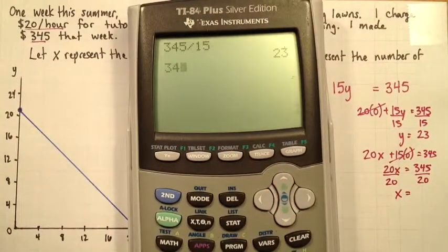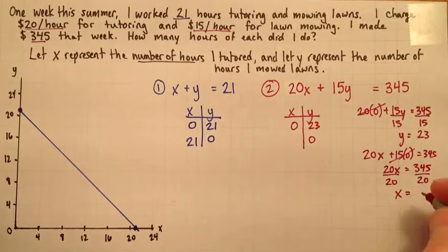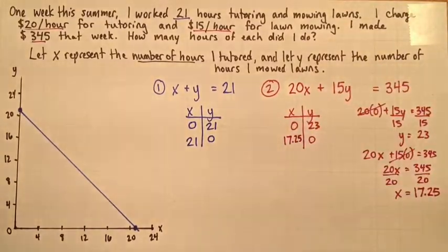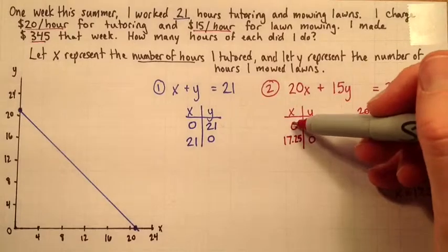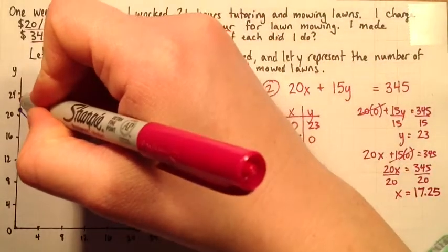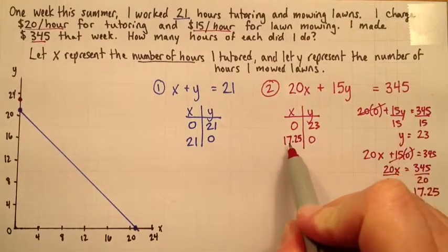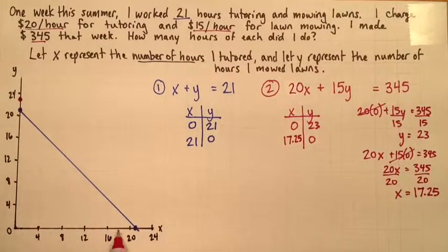So I have 345 divided by 20, and it's 17.25. Okay, so these 2 points, x is 0, y is 23, and x is 17.25, so 17 would be right about there.